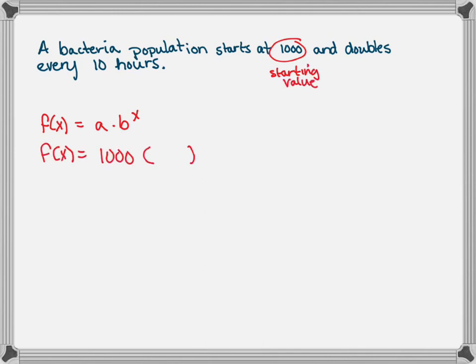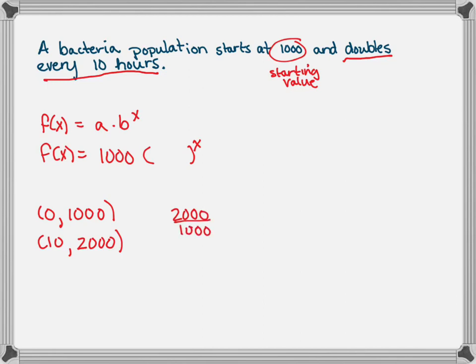That's our a, so f of x equals 1,000 times something to the x power. And we're told it doubles every 10 hours. So if I have a starting value or y-intercept at 0, 1,000, after 10 hours, so our x value is 10, our output is 2,000.